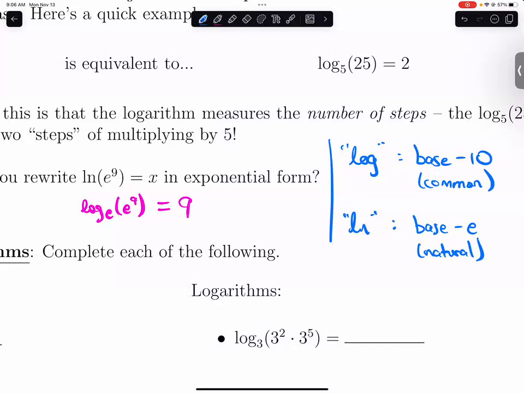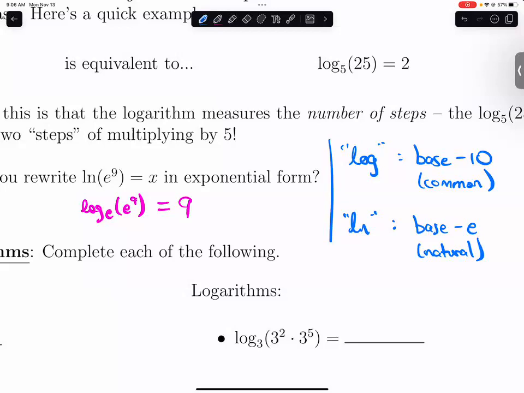Those are the two that any calculator that knows how to do a log at all knows. You probably have a dedicated button for those two. They probably share a button with 10 raised to a power and e raised to a power because they're inverses, or sort of two faces of the same idea. So that's how log works.